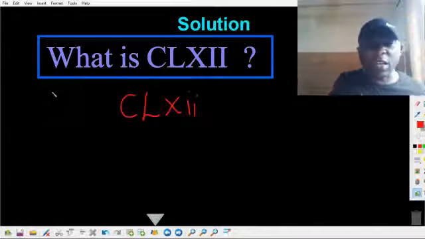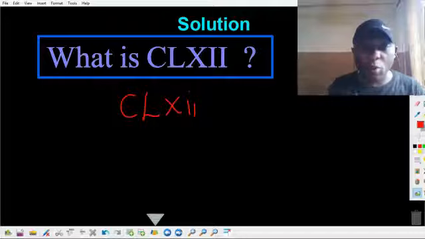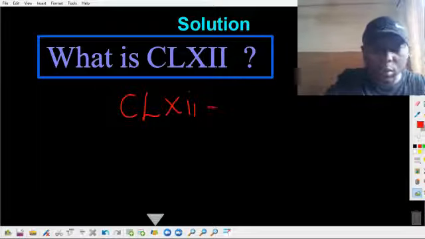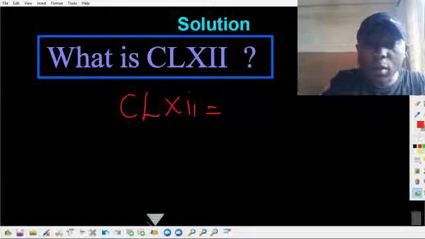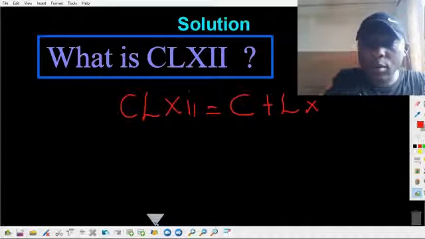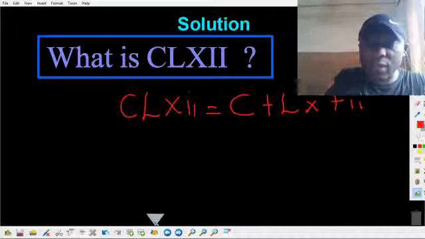It's been written in short form, so we need to write it in expanded form. We are going to expand this number. Now, how do we do that? We are going to expand them based on their value. We have C plus LX plus II.